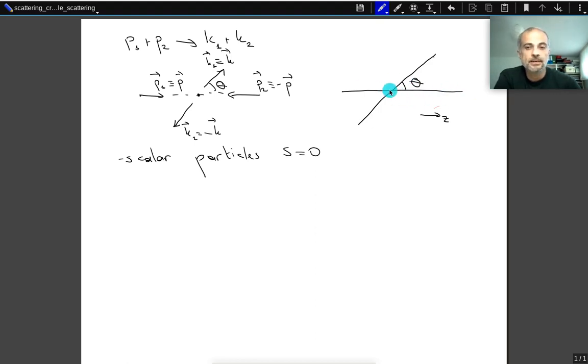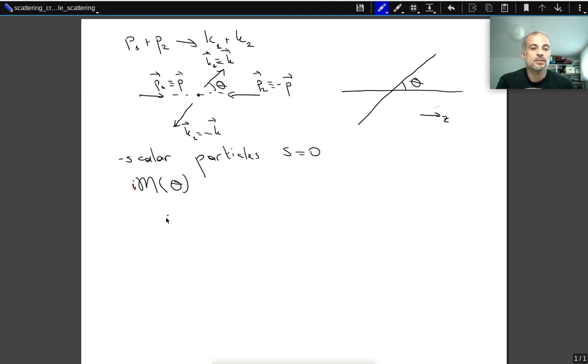The physics will be the same, and hence our invariant matrix element, which contains all the dynamics of our system, can only be a function of theta itself. And of course, it will also depend on the energy of our particles. But once we fix the energy of the initial particles, the energies of the final particles are also fixed. So theta is the only parameter that can change in the final state. All the other parameters are fixed by the initial state.